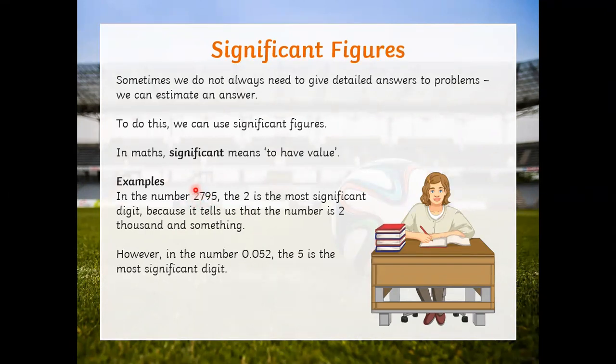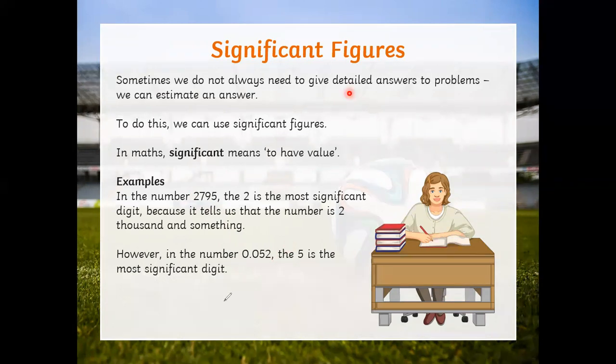So with a whole number without decimals, so any number to the left of the decimal point, the biggest number is the most significant. However, in the number 0.052, 5 is the most significant digit. So it's the largest number in any number, basically.